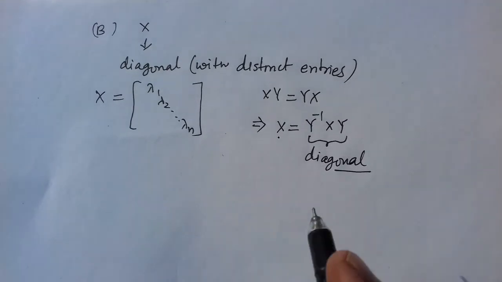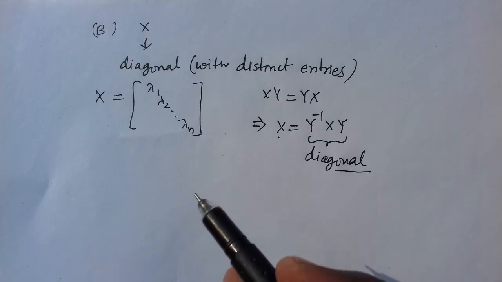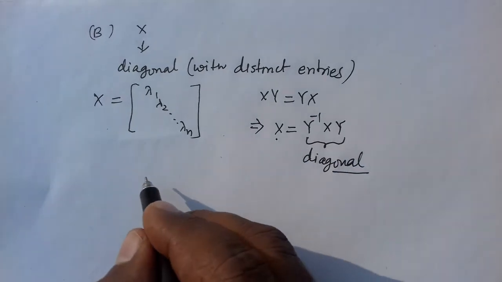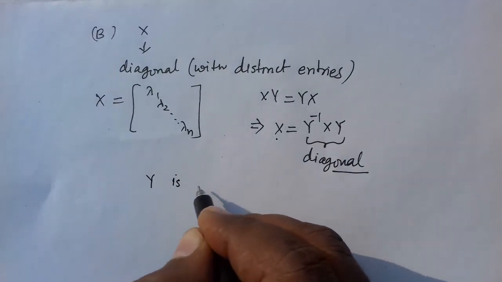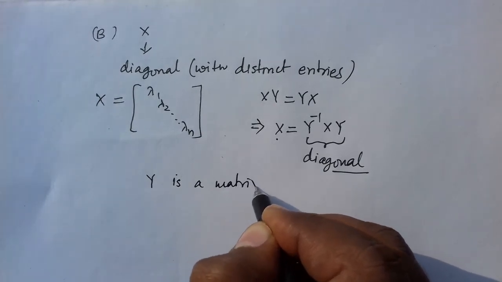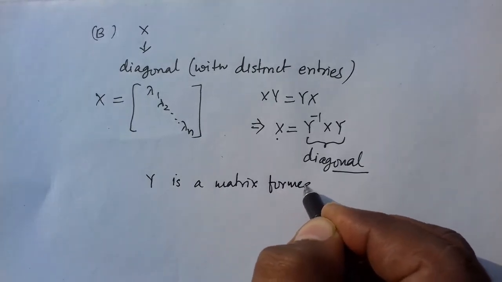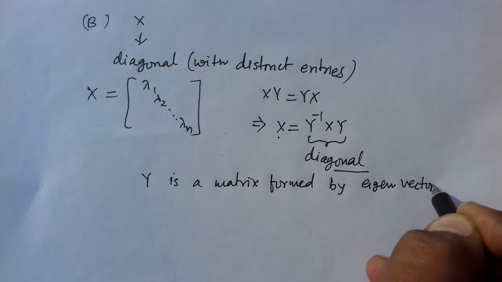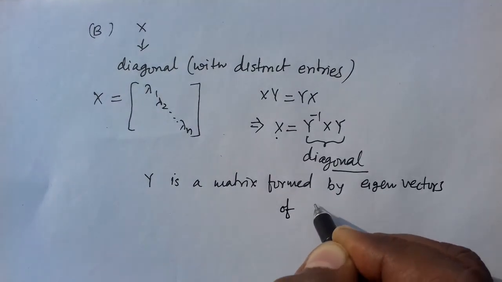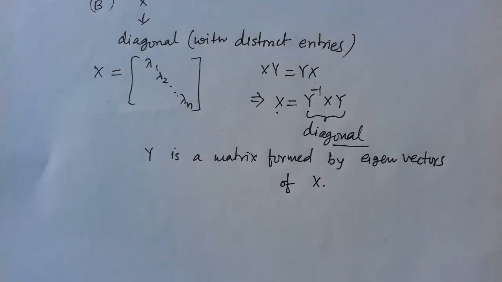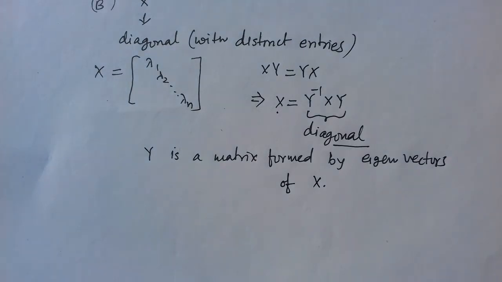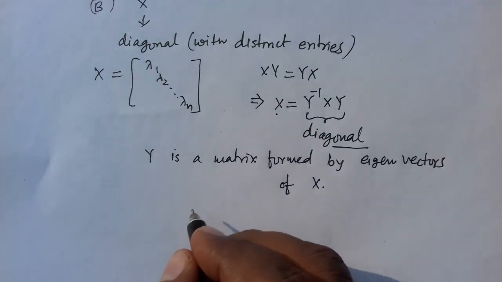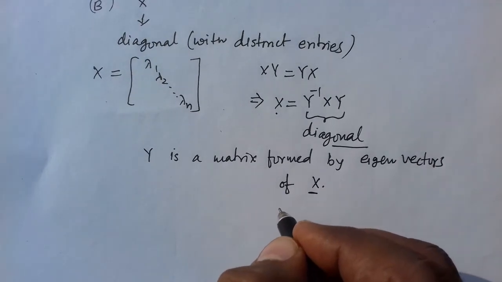This means that, as in the statement of option A, Y is a matrix formed by eigenvectors of X. So we have to find the eigenvectors for X. To get the eigenvectors, first we get eigenvalues.